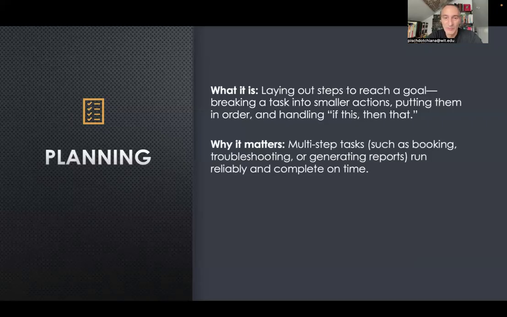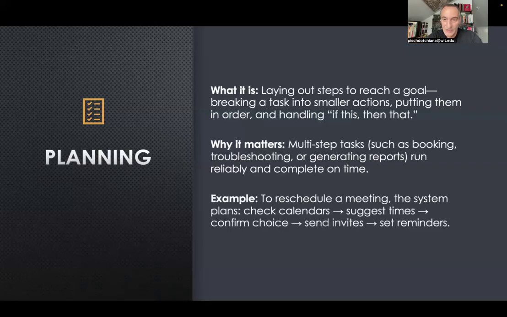Multi-step tasks such as booking, troubleshooting, or generating reports run reliably and complete on time. Examples: to schedule a meeting, the system plans first and checks the calendars, suggests times, confirms the choice, sends invites, sends reminders. Gosh, I certainly could use one of these in my daily to-dos.